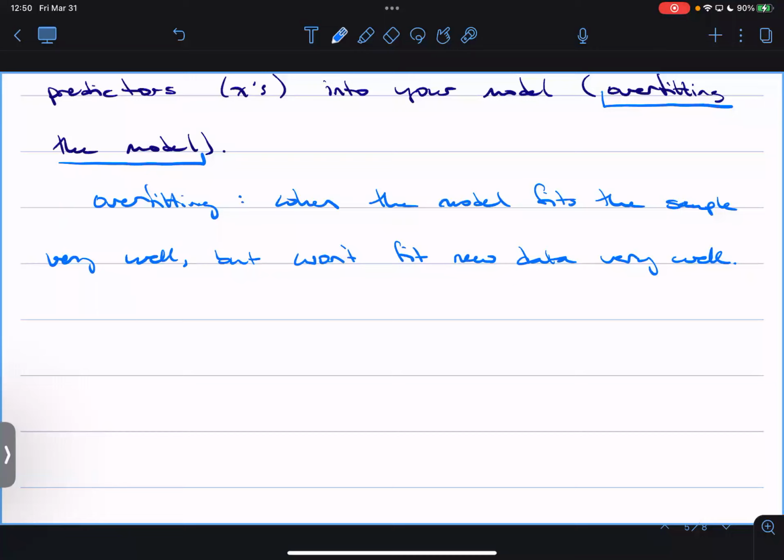But the only change is, logistic regression we use when your Y is a categorical variable, right? Or binary variables usually.